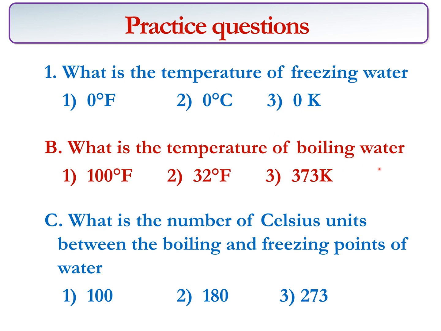What is the temperature of boiling water? The temperature of boiling water is 373 K, as we also saw in the previous slide. What is the number of Celsius units between the boiling and freezing points of water? As we saw in the previous slide, it is 100.